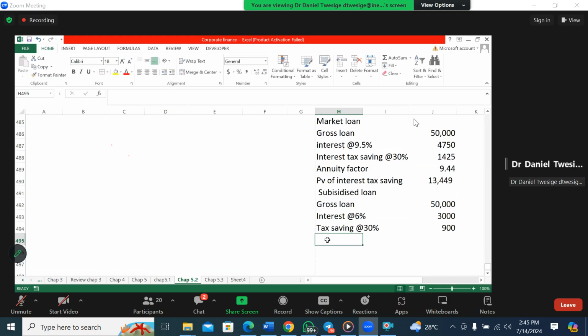Then what's my annuity factor? My annuity factor will be 1 minus (1 plus 0.095).